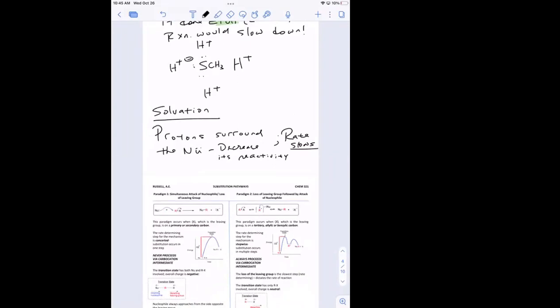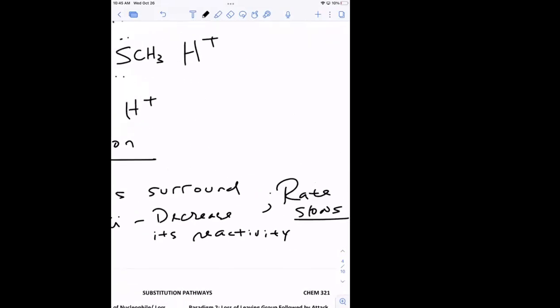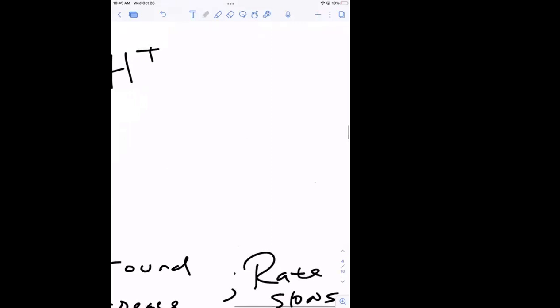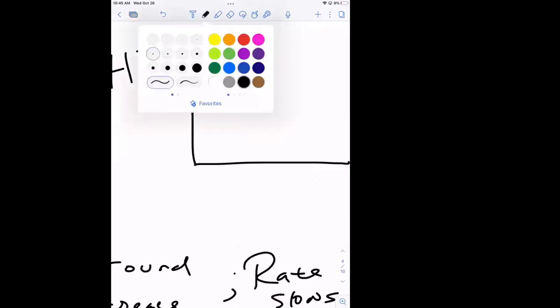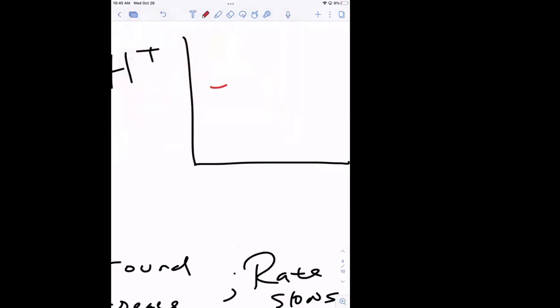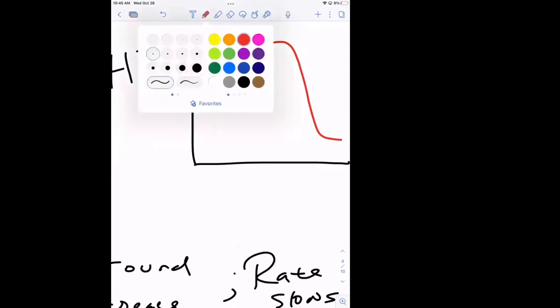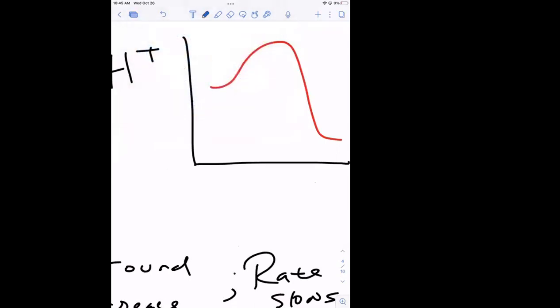All right? Let's think about this in terms of an energy diagram. Right, I'm gonna do a red curve and a blue curve. Let's just say for the sake of the discussion that this is an exothermic reaction.